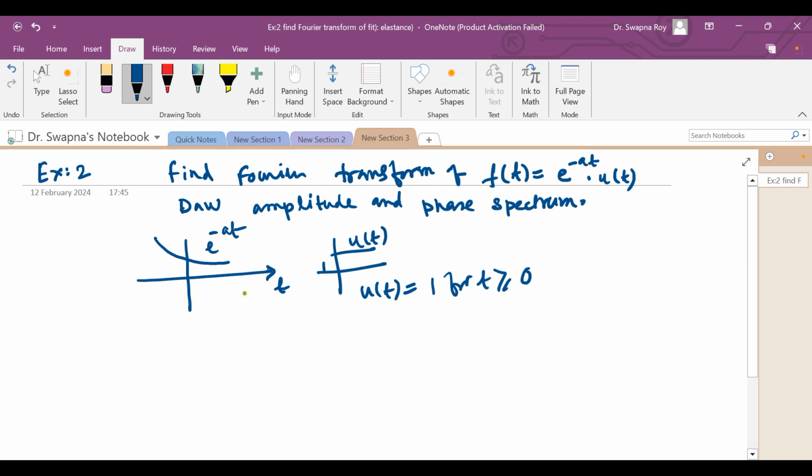Now in this case we have to find the Fourier transform of f(t) = e^(-at) u(t).